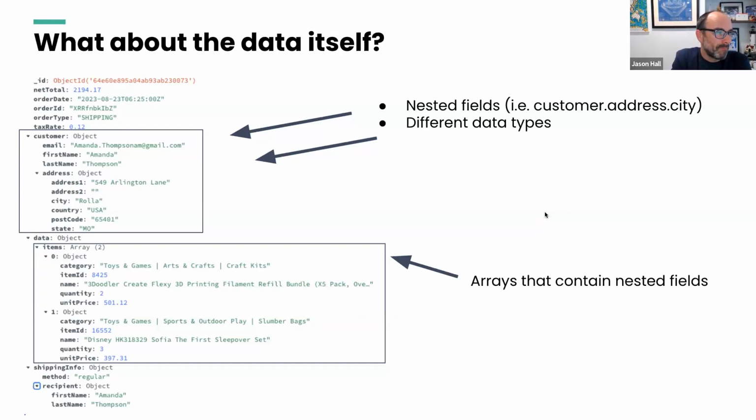Which is not easily transformable into rows and columns, right? I have an example from MongoDB Compass over on the left-hand side of the screen. This is actually the data that we're going to be working with in today's demo. But you'll see a MongoDB document may, for example, have nested structures, right? So as an example, let me get my little spotlight here.